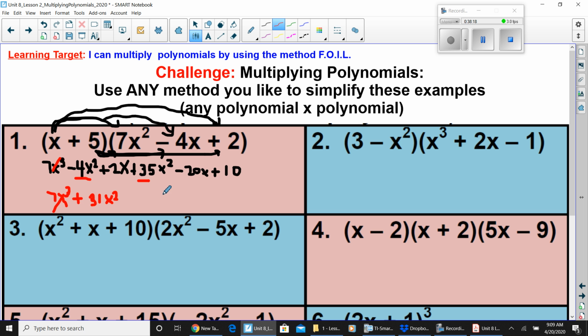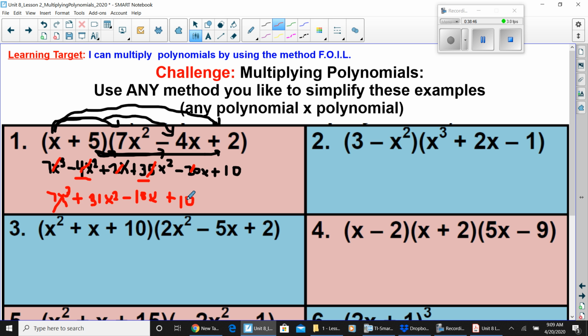And then I have, so that's cancel. I like to cancel them out. And then this is negative 20x plus 2x. That's negative 18x. And that cancels out. And the plus 10 will come down. And that is your final answer right there.